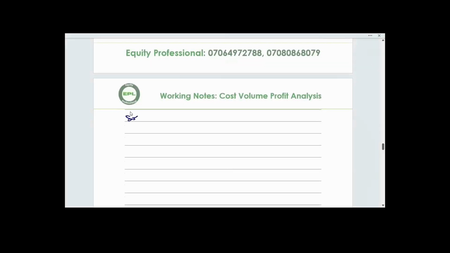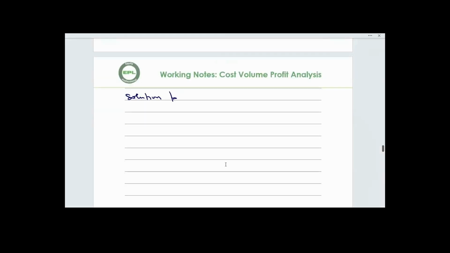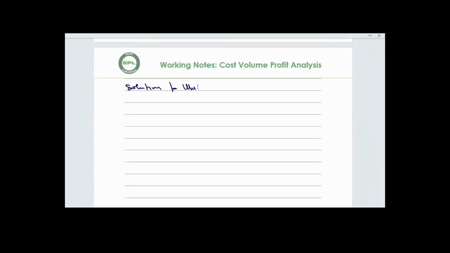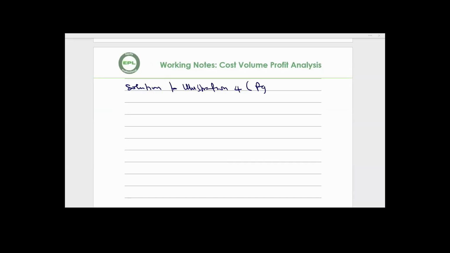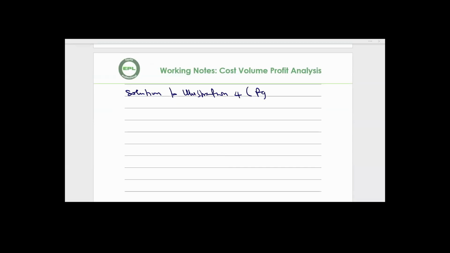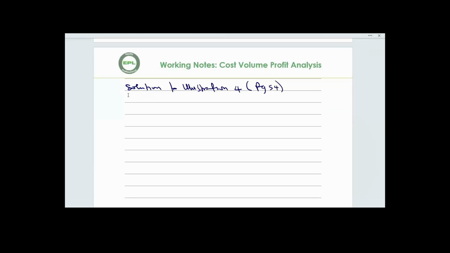Solution. Illustration 4, page 54, Ojopagogo Industries.